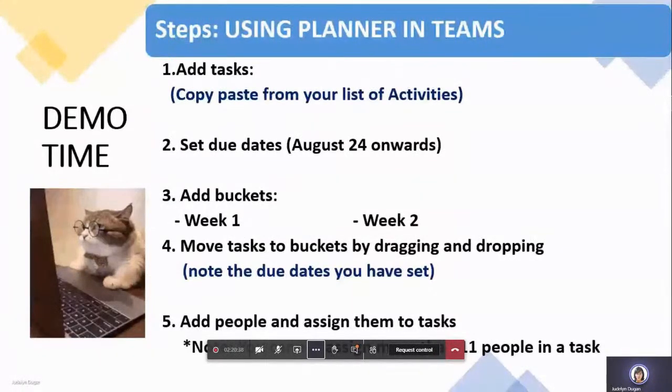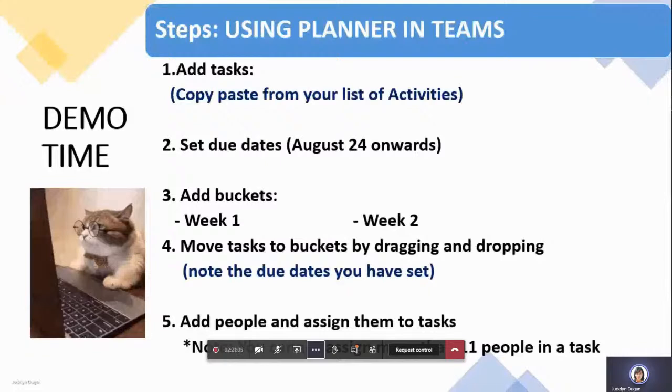I'll click once. I will go to the learner's progress. There you go. This is the learner's progress, and it's here, quarter 1. So the first thing that I will do is to add a task. I have already encoded my tasks, and I will just have to copy paste.